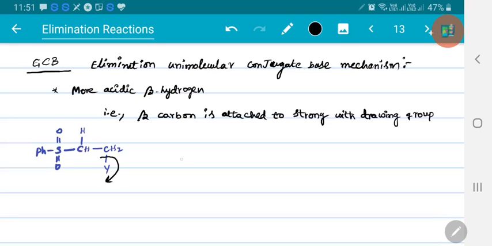Y is a good leaving group? It should not be a good leaving group. If it is a good leaving group, it leads to formation of carbocation. So Y must be a poor leaving group. And also this is the alpha carbon, this is the beta carbon. On the beta carbon there must be a good electron withdrawing group.